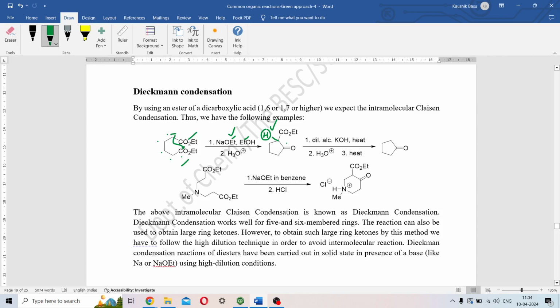Can you use sodium hydroxide as a base here? What could be the problem of using sodium hydroxide in water in this case? Does sodium hydroxide react with ester groups?